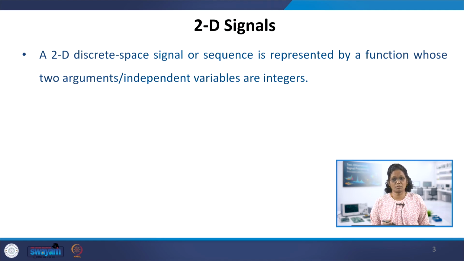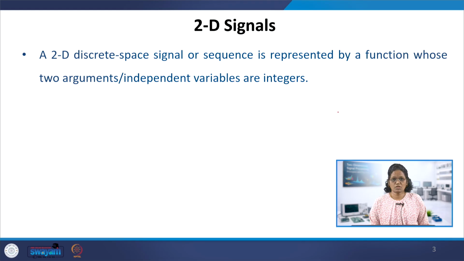So for 2D, we restrict ourselves here to the discrete case, because we are going to do DSP processing. Hereafter we will be talking only about discrete sequences. So a 2D discrete space signal, or a 2D discrete signal we can say, or a sequence also, is represented by a function.